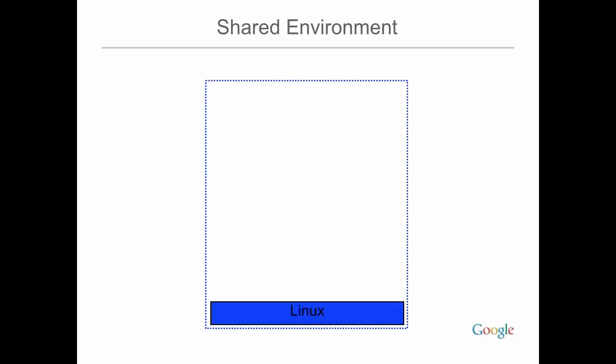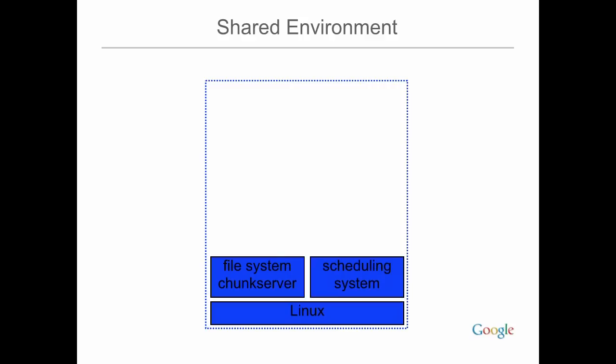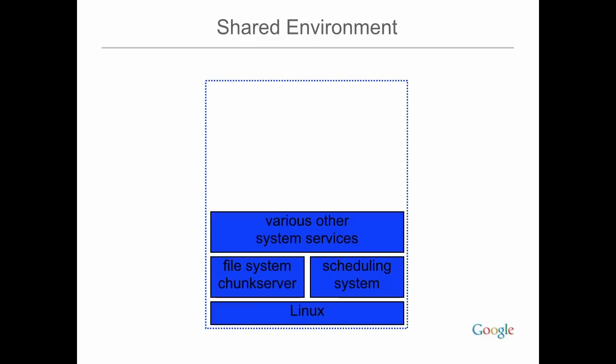Okay, so just to illustrate the shared environment that we tend to operate in, all of our data center machines run Linux. On top of that, we run a bunch of system-level services like a file system chunk server, a scheduling system to start up tasks and stop them, and various other system services, mostly sitting there in the background, compressing logs and doing various other things like that.